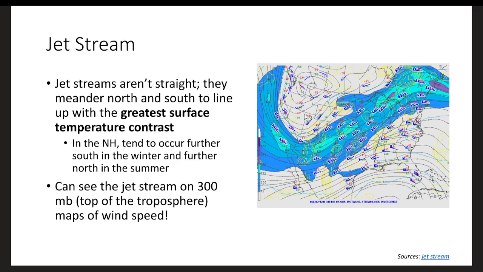In the northern hemisphere, they tend to occur further south in the winter and further north in the summer. That's why this kind of thing is channeling all this cold air from the poles. This polar jet is really pulling in this cold continental polar air.